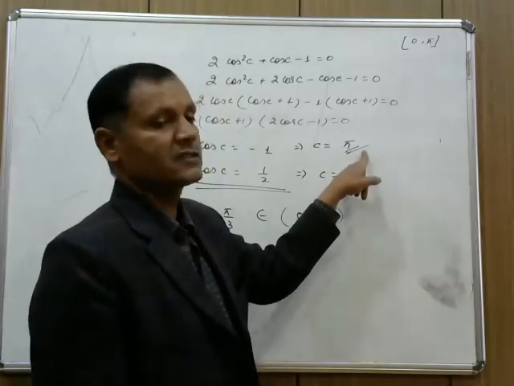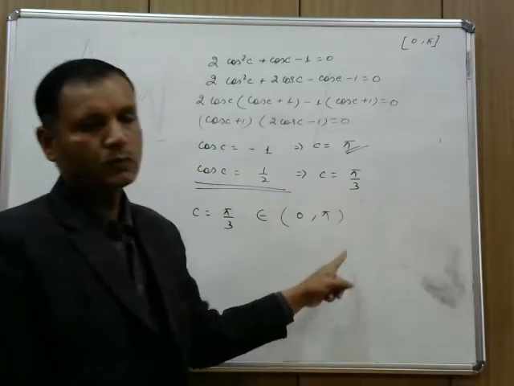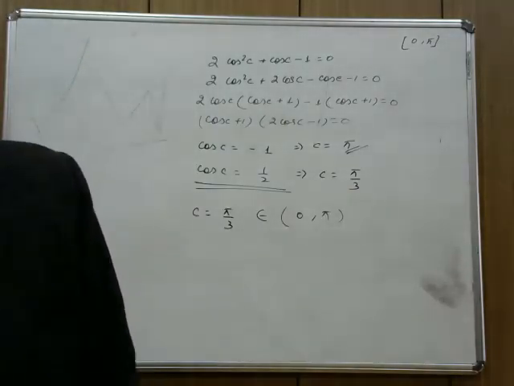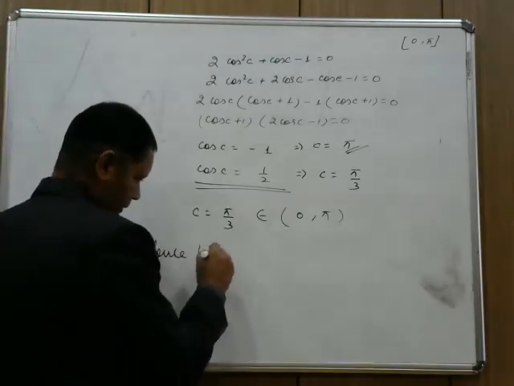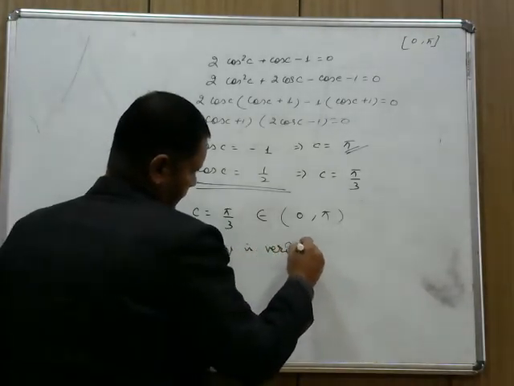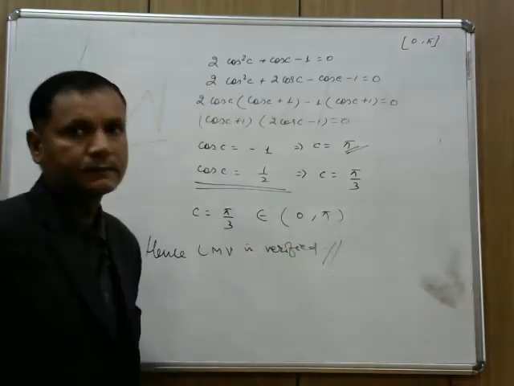That's why I cannot take this value of pi. Here pi by 3 belongs to 0 to pi, right? And hence the LMV is verified, and that is done.